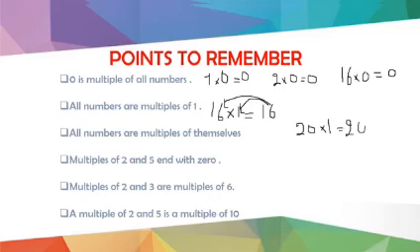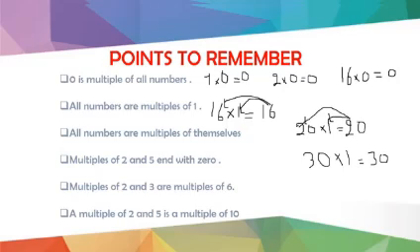So 20 is a multiple of 1 and also a multiple of 20. 30 by 1 equals 30, so 30 is a multiple of 30 and also a multiple of 1. So all numbers are multiples of 1 and also multiples of themselves.